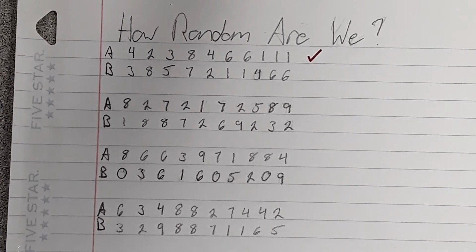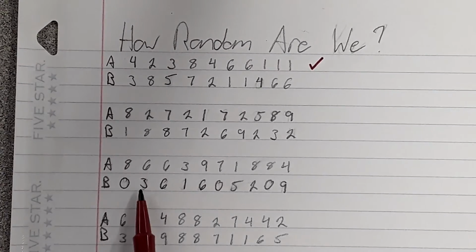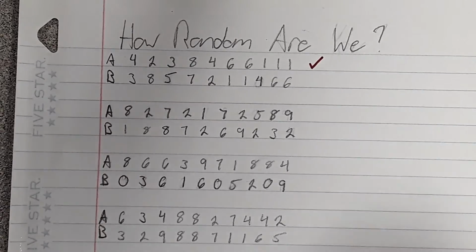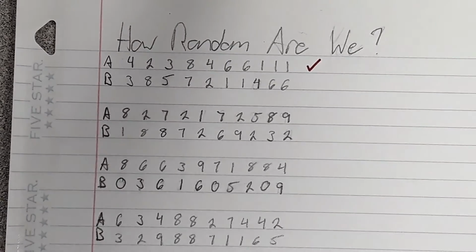So, let's go to this one where it's been erased. Let's go to trial 3 and let's see. So, the debate is, is A David or is A the calculator? How many people think that A is David? Yes, for trial 3.